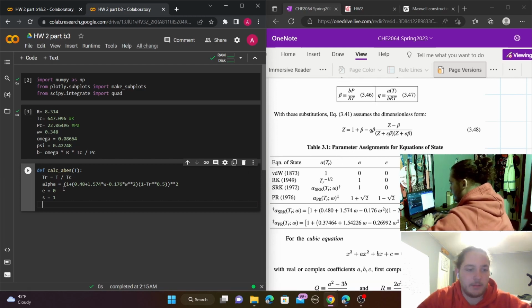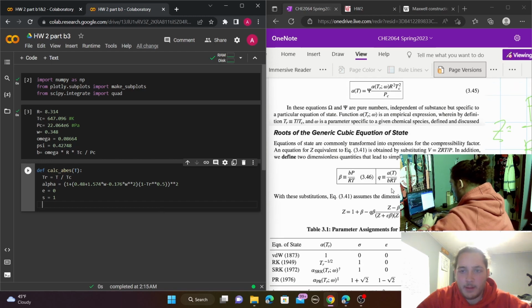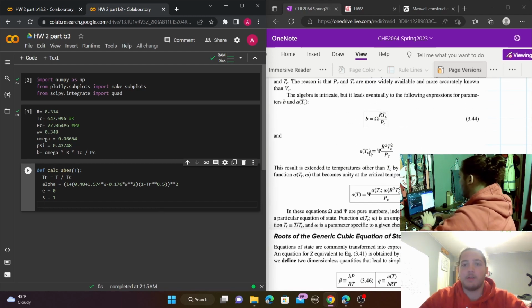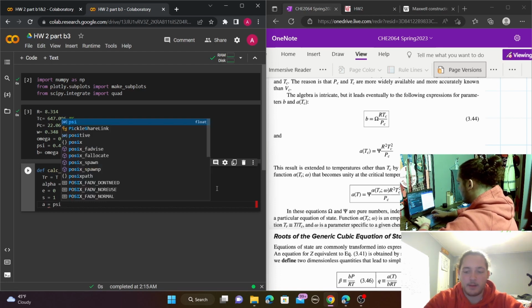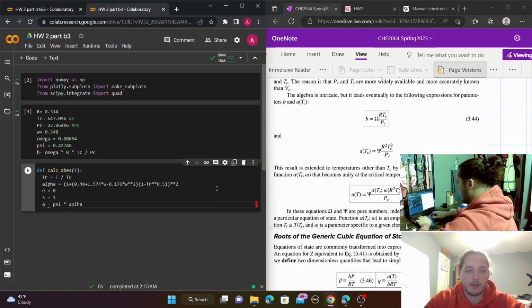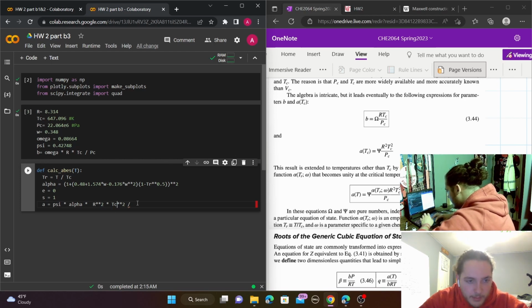So once we get those coded in, we can now code in our equation for A. So we can go A is equal to psi times alpha times R squared times T squared divided by TC squared over PC.